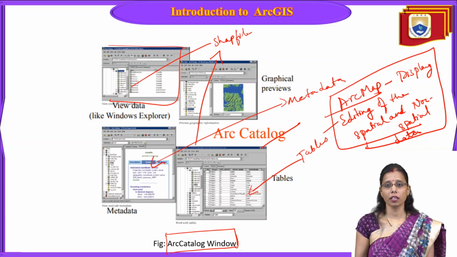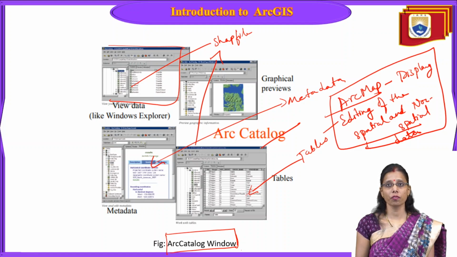So till now, I hope you understood what is ArcCatalog and ArcMap, and what is geodatabase and feature dataset. ArcGIS software is created by Esri, and it has 2 windows, one called ArcCatalog and one called ArcMap.